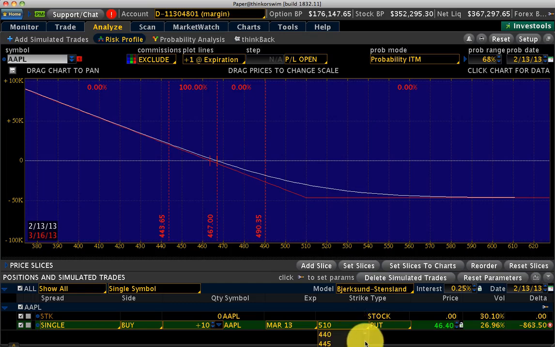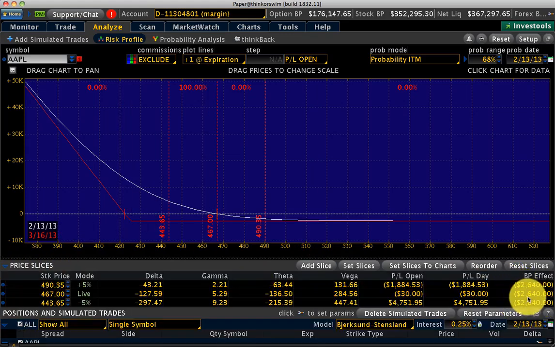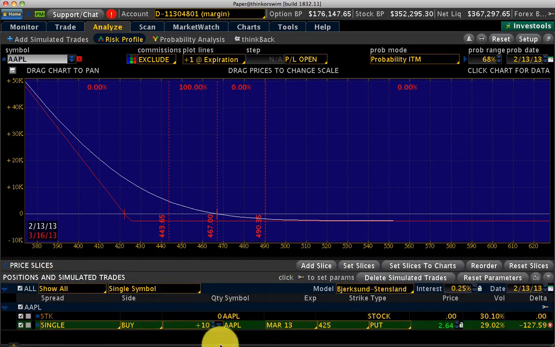Now I'm going to look at the 425, which is the out of the money put option. And you can see that in this case, we are paying only $2.64 for this option. Therefore, our risk on this trade is only 2,640 because we have 1,000 shares. 10 contracts is 1,000 shares, and our risk on that trade is 2,640, and that's going to be the maximum loss.